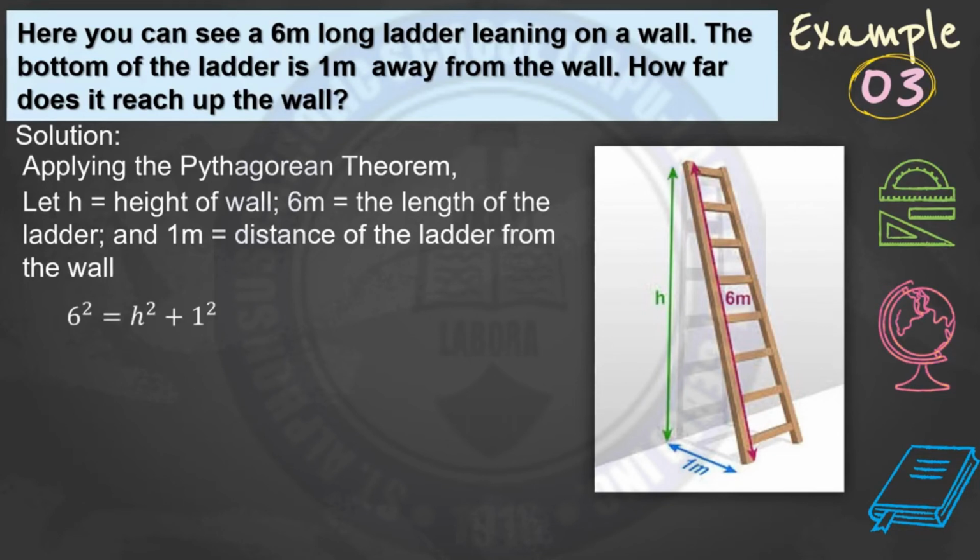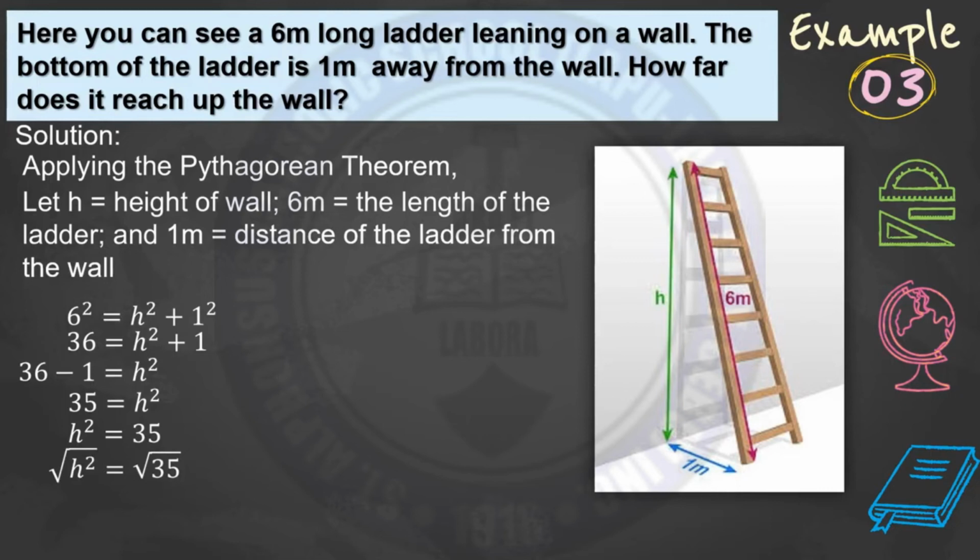Applying the Pythagorean theorem, we could say that 6 squared is equal to h squared plus 1 squared. Simplifying this, 6 squared is 36, so 36 is equal to h squared plus 1. Transpose 1 to the other side of the equation, it would be 36 minus 1, that's 35. By symmetric property of equality, h squared is equal to 35.